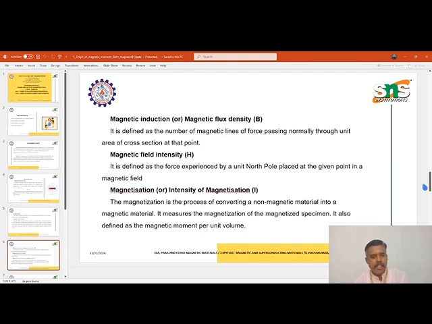Then magnetization, or intensity of magnetization: the process of converting a non-magnetic material into a magnetic material is called magnetization. The magnetization of the magnetized specimen is also defined as the magnetic moment per unit volume.